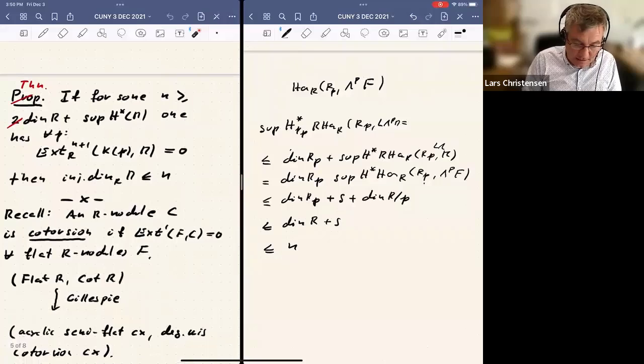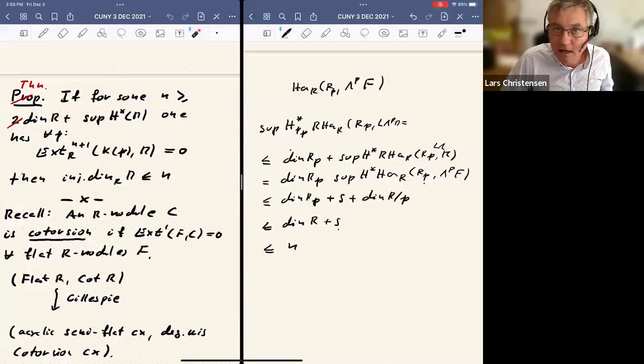Right, N is greater than or equal to the dimension of the ring plus the homological supremum of the complex. So there you see how it's simply the structure of the semi-flat cotorsion replacement that allows us to give a better estimate on what the cohomological extent of the co-localization is, and that way we get the bound.